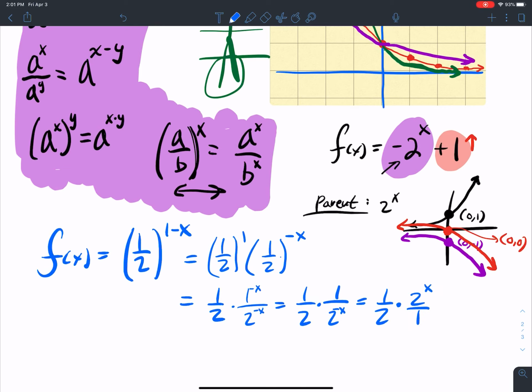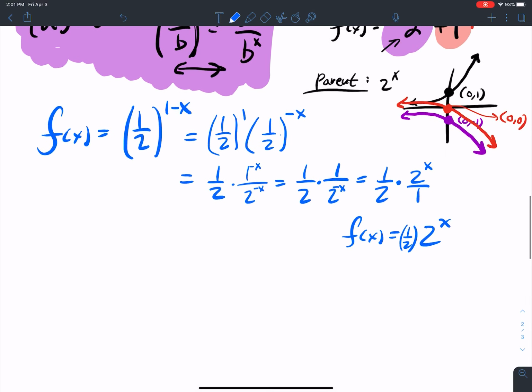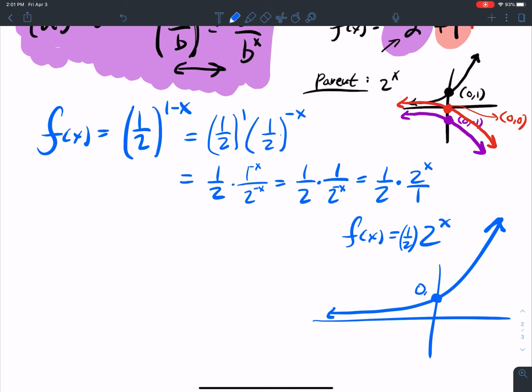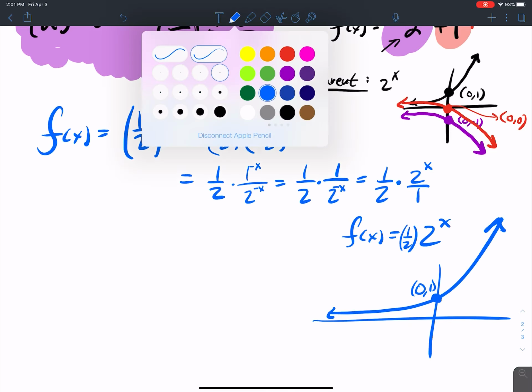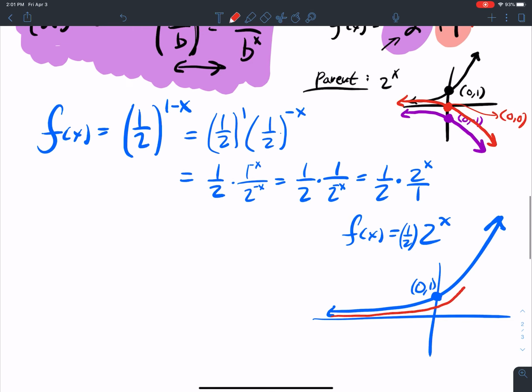So what do I have? I've got my function f of x equal to 2 to the x, but I also have this 1/2 factor. So it takes my graph, which is like this, and it passes through 0, 1, and then it cuts it in half. So now every value is closer to the x-axis.